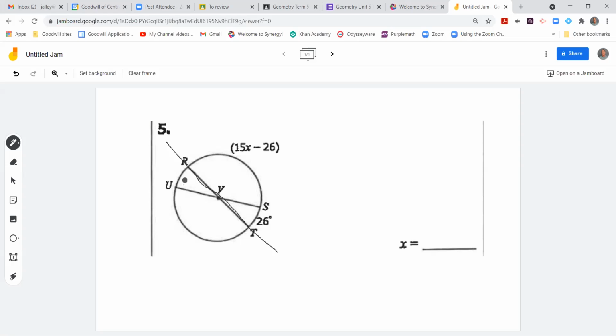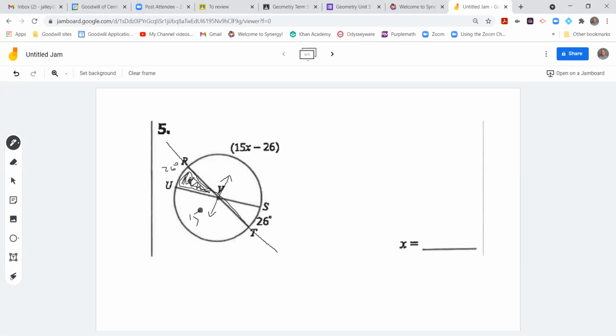But how much is this angle over here? 26. Yeah, it's another one of these vertical angle situations. So I know that piece is 26 degrees. So how about this one? Another vertical angle situation, right?